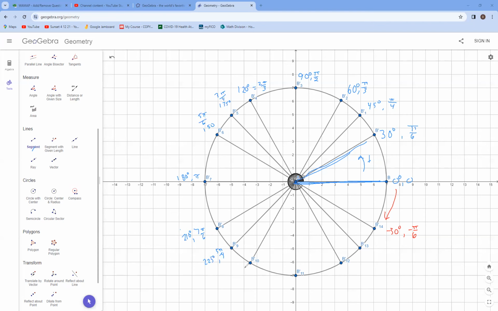This angle down here is not 5 pi over 4, it's 4 pi over 3, or 240 degrees. Then 270, or 3 pi over 2, which is also equivalent to negative 90 degrees, or negative pi over 2.